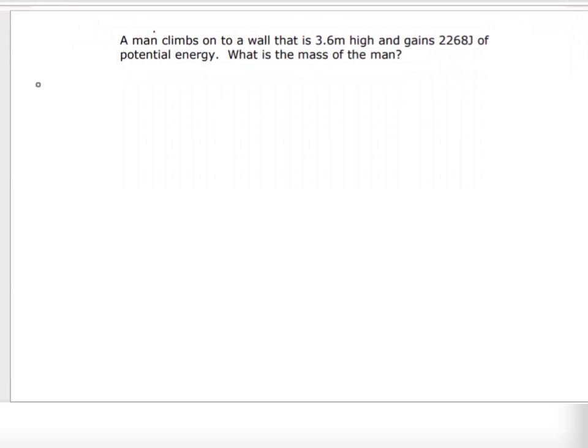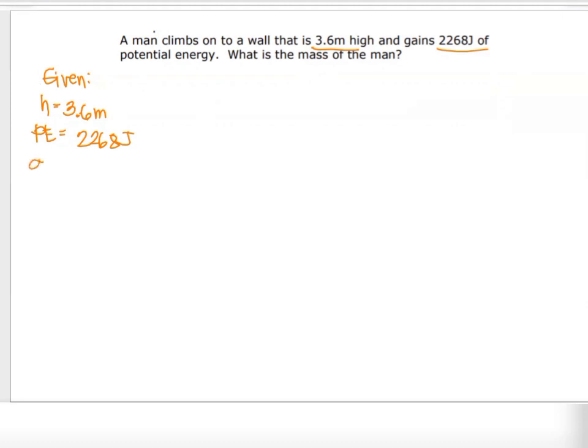But first, mag-start ulit tayo by writing our given. So here, tignan, 3.6 meters. So that is your height. Height is 3.6 meters. Then ano pa? 2,268 joules. So that's your potential energy. 2,268 J. And then, what else is another given?